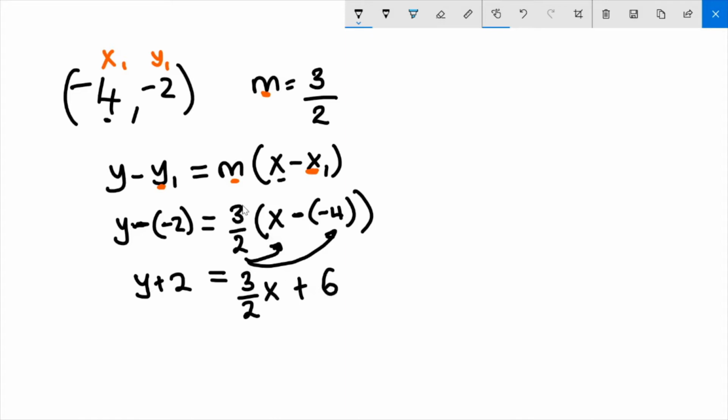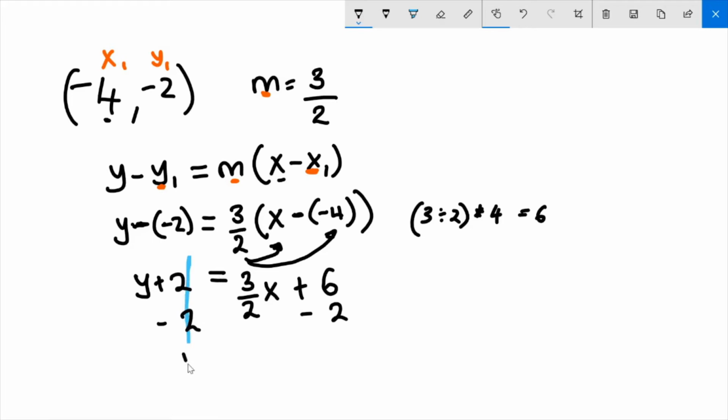You can plug this into your calculator: just do 3 divided by 2 times 4. It should give you 6. So to get y by itself, I subtract 2 here and subtract 2 here, and this cancels out.